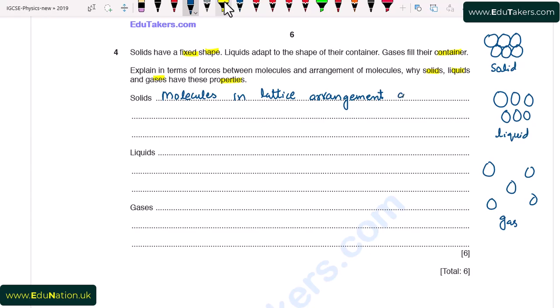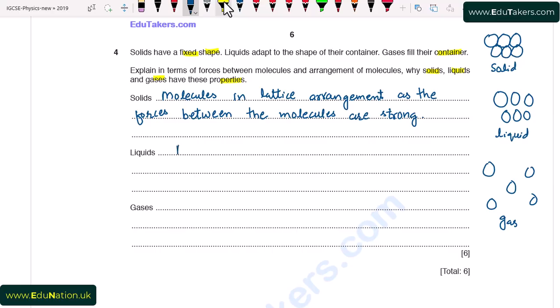As the forces between the molecules are strong. And these forces are strong because there is no spacing between the molecules of a solid.